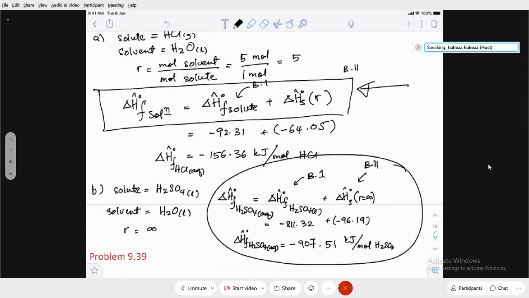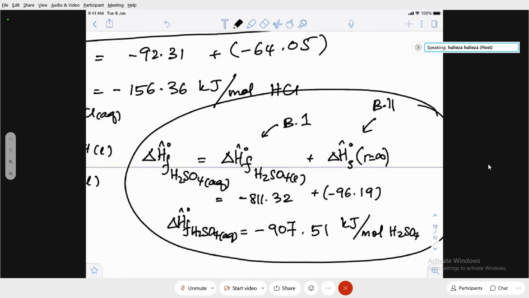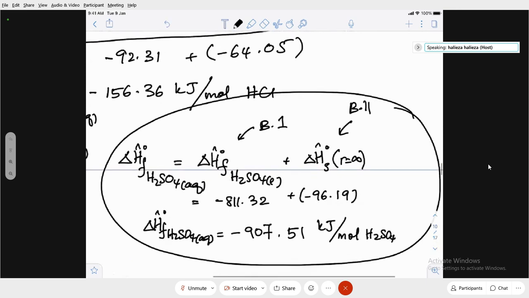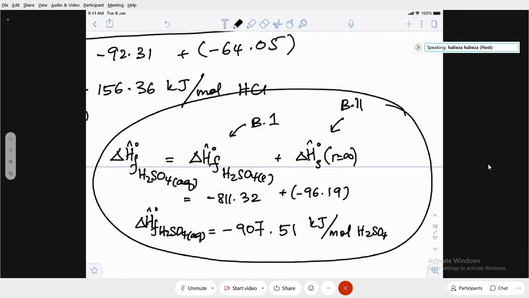That is how you get your value of minus 907.51 if it's not available in appendix B1. This is how you do the calculation: you get the heat of formation of your liquid sulfuric acid plus the mixing at infinite dilution. That is the same value as the one given in appendix B1. So if you have to calculate it, this is how you do it.